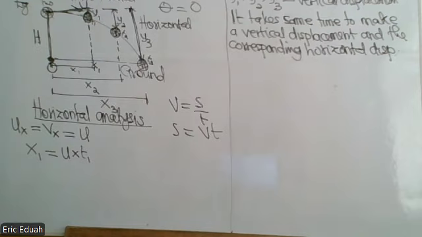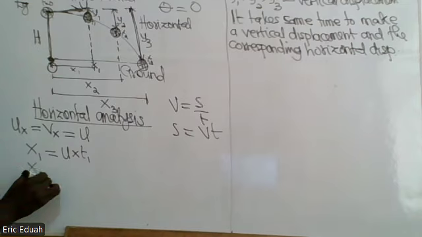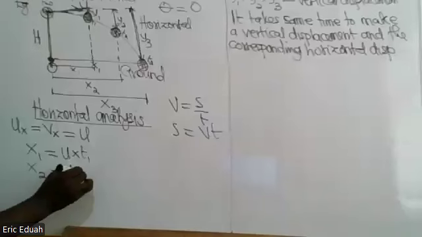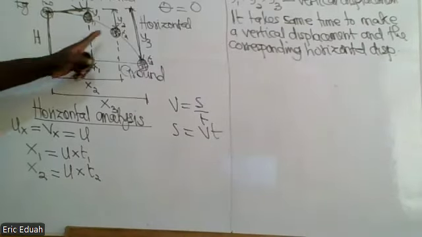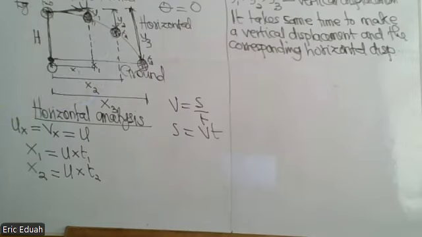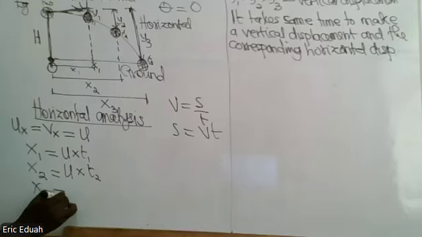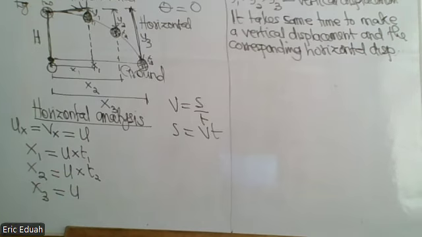If I want x2, it would also be equal to the constant velocity u times the time taken to get to this point, t2. x3 would be equal to the constant velocity times t3.